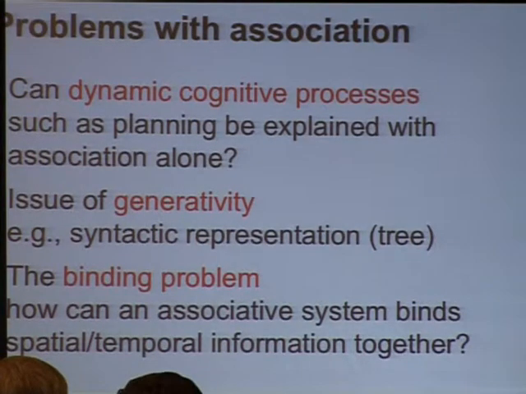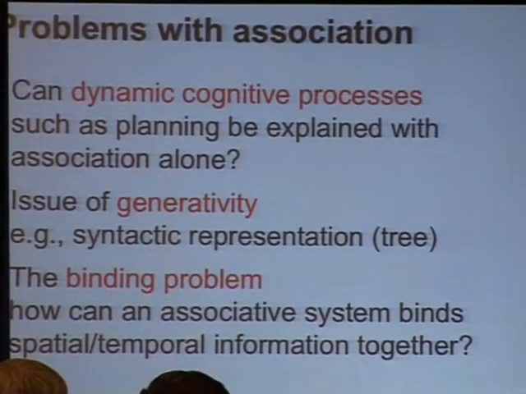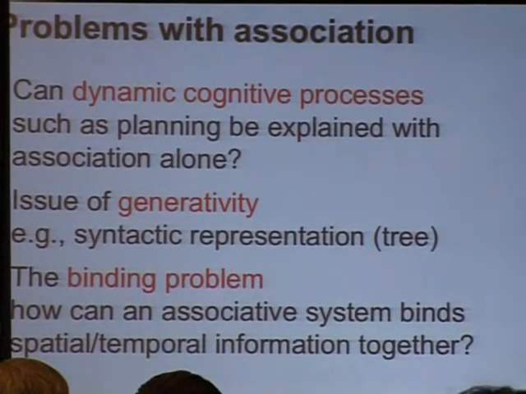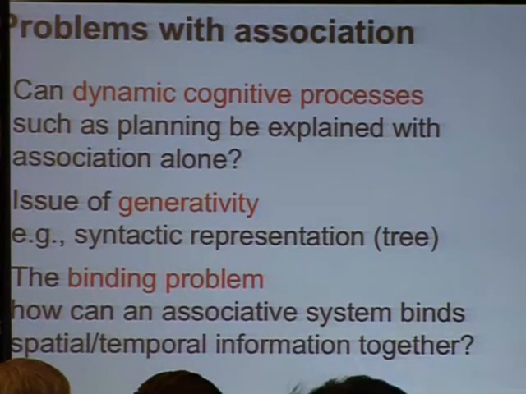However, associative information processing has its own problems. The first problem is, can dynamic cognitive processes such as planning be explained with association alone? Second, there is the issue of generativity, such as how syntactic tree structure can be represented with neural models. Lastly, there is a problem called the binding problem.